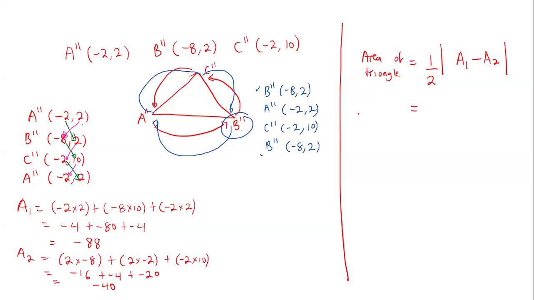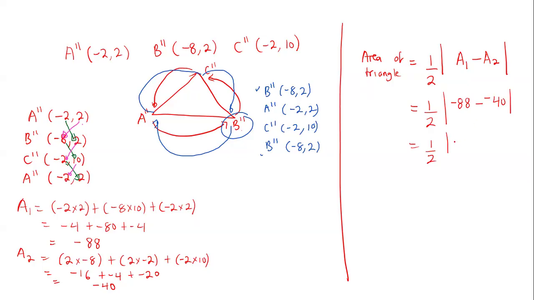Now, when you reach here, we shall substitute our A1 and A2. So this will be a half, you put your magnitude. Here, our A1, we used negative 88 minus the negative 40. So this will give us a half magnitude, negative 88 minus 40.